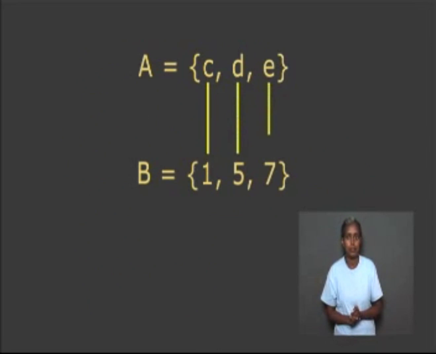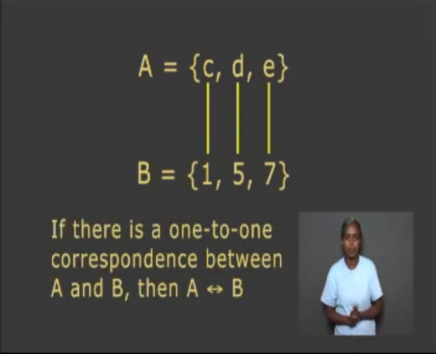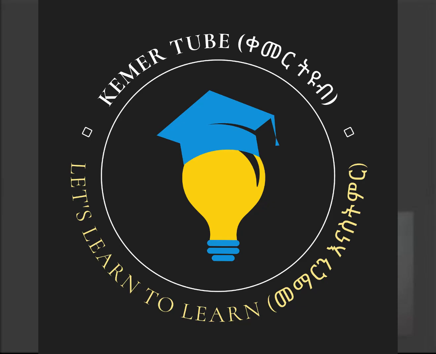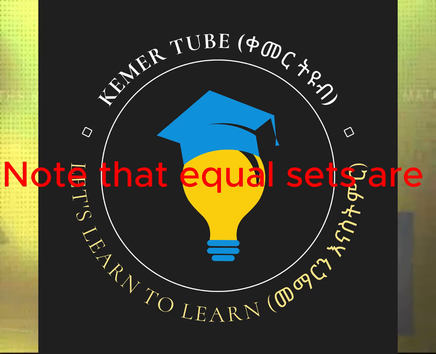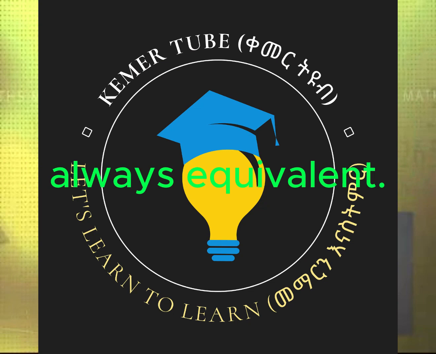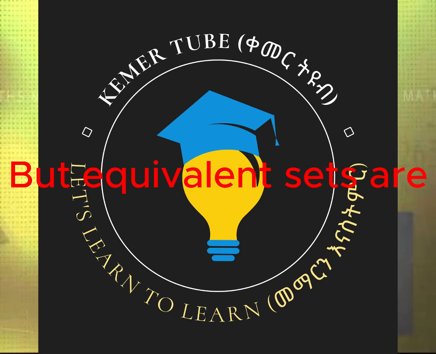Each element of A can be matched with exactly 1 element of B. If there is a 1-to-1 correspondence between 2 sets, A and B, then A and B are equivalent. Note that equal sets are always equivalent, but equivalent sets are not always equal.